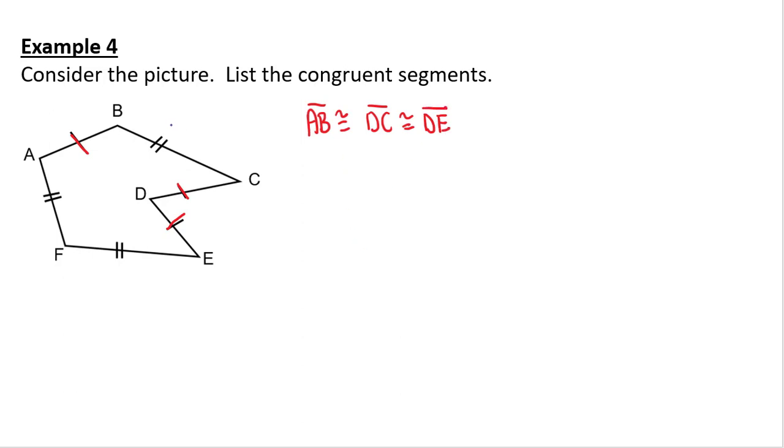Anything that's marked with two little marks, I'll kind of write over them in blue for you, those segments are congruent. So segment AF is congruent to segment FE, is congruent to segment BC.